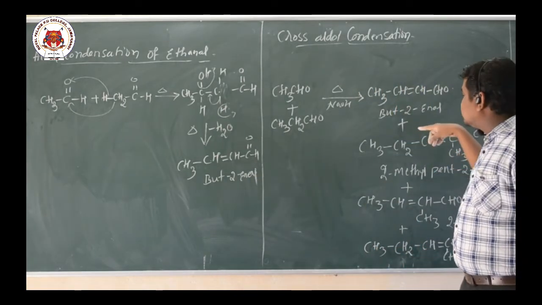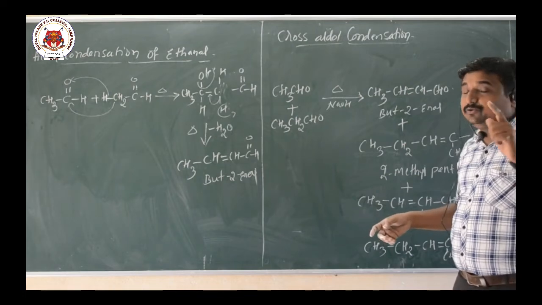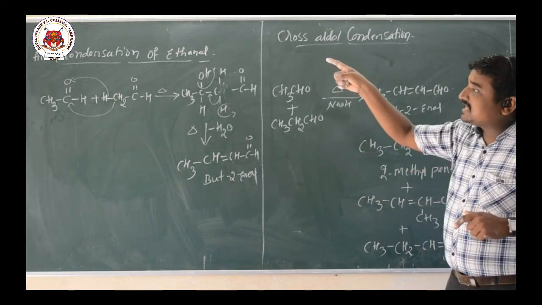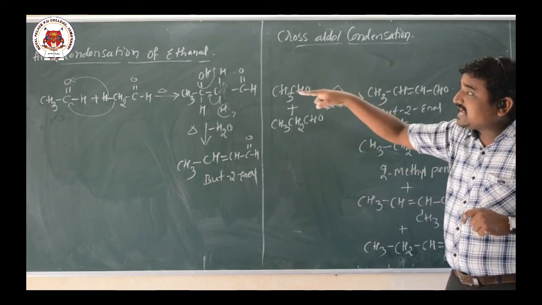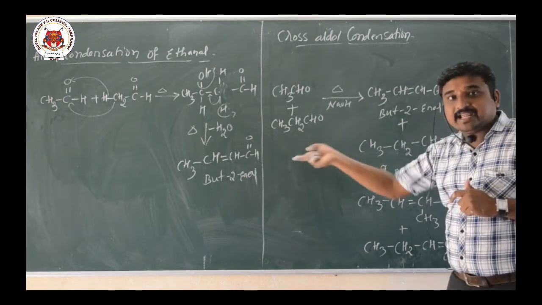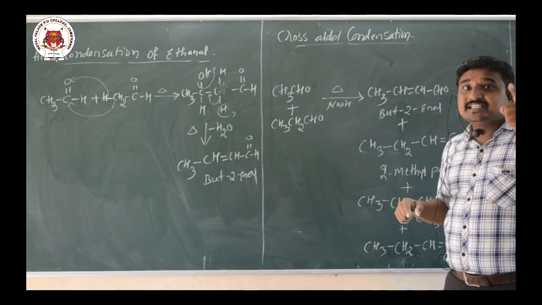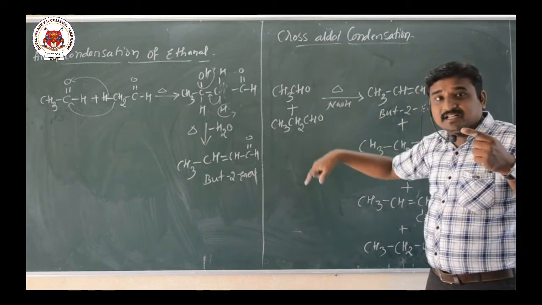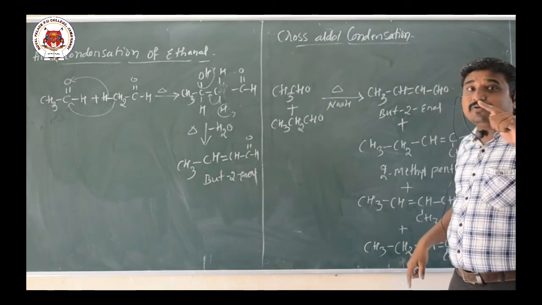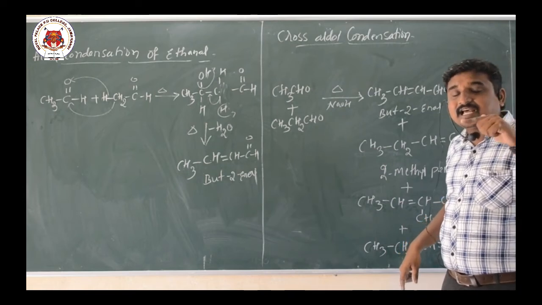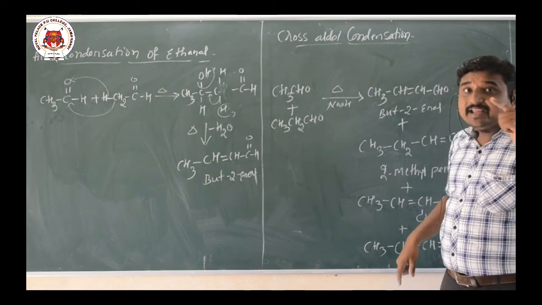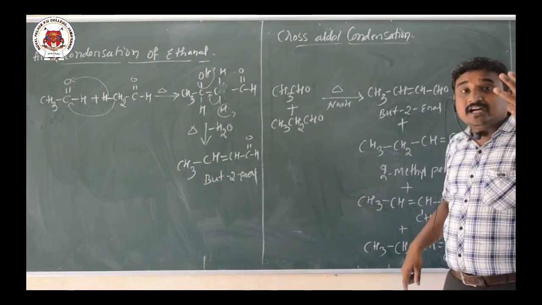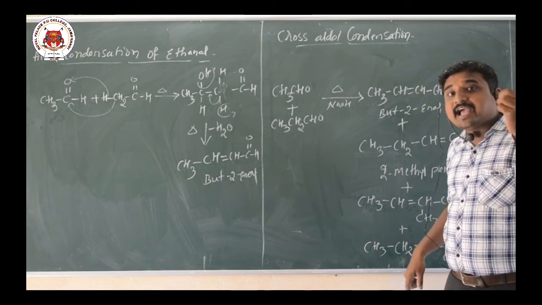In the second product you have to do the condensation reaction between acetaldehyde and propanaldehyde. First case, acetaldehyde to acetaldehyde, or ethanal to ethanal. In the second case, acetaldehyde adds to propanaldehyde, you will get the second product. In the third product, propanaldehyde adds to propanaldehyde.